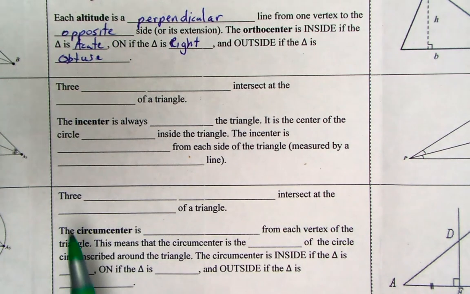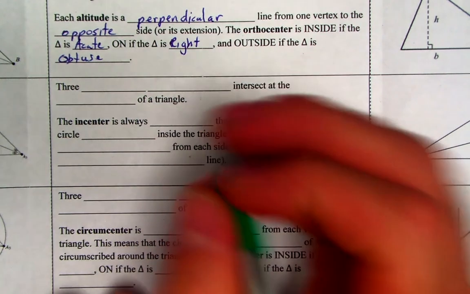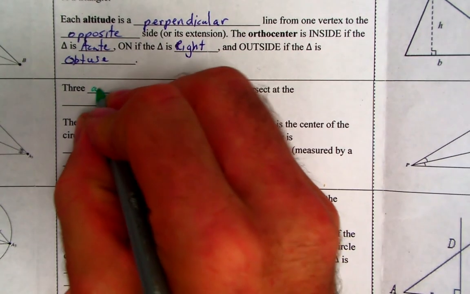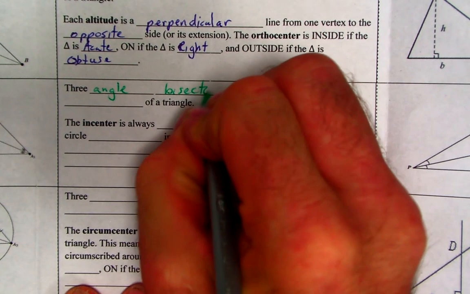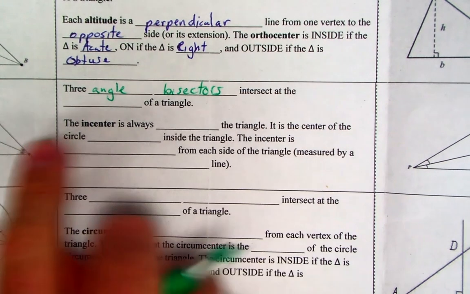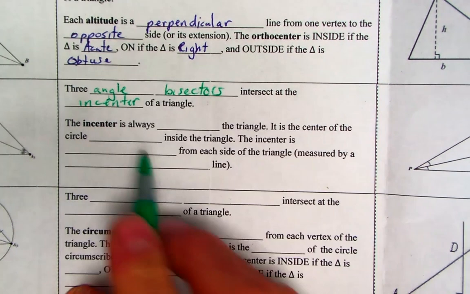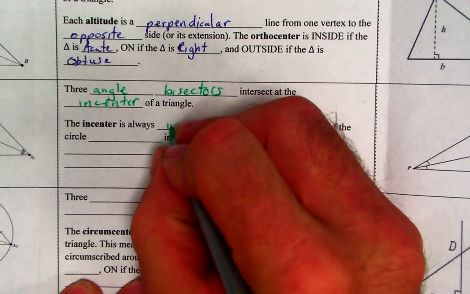All right, so now we're going to take a look at the incenter and its special properties. We can say that the three angle bisectors intersect at what's called the incenter of a triangle. Okay, the incenter is always inside the triangle.